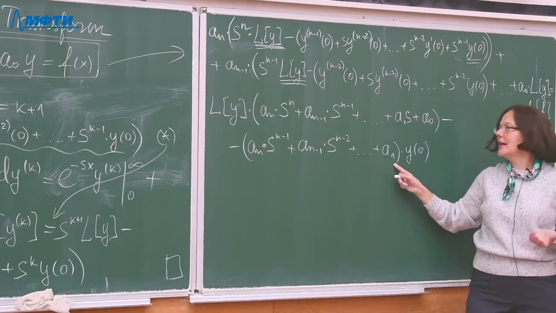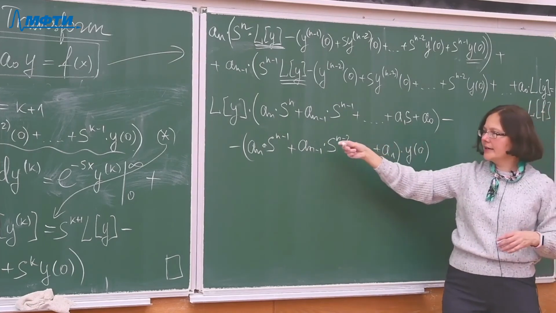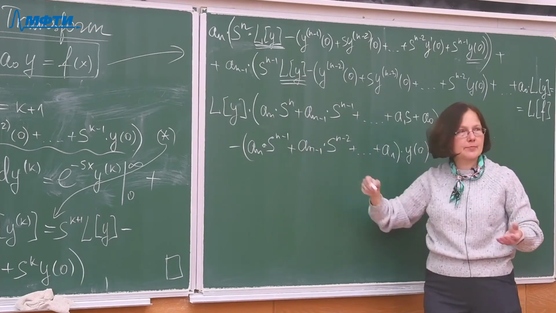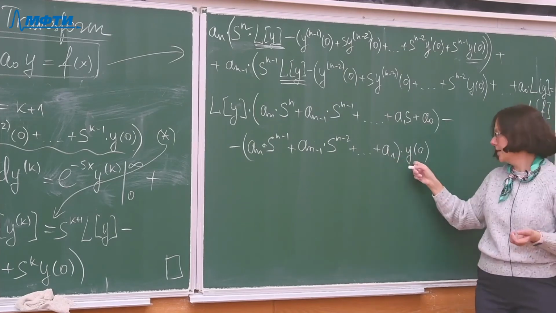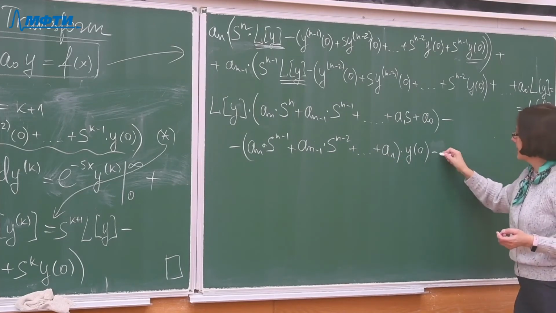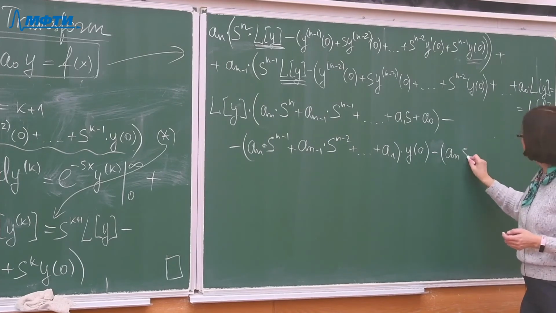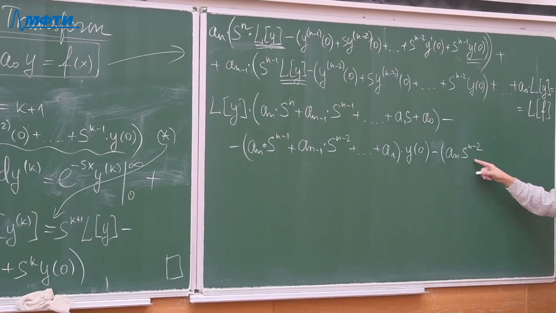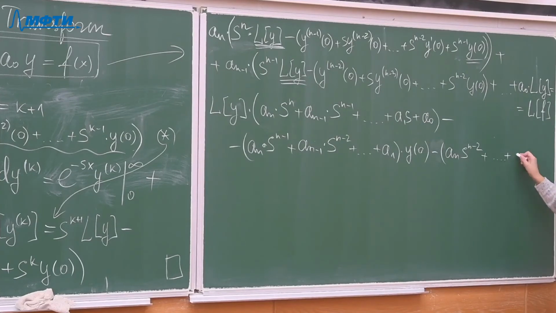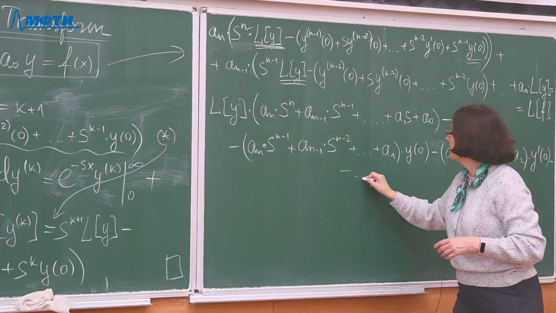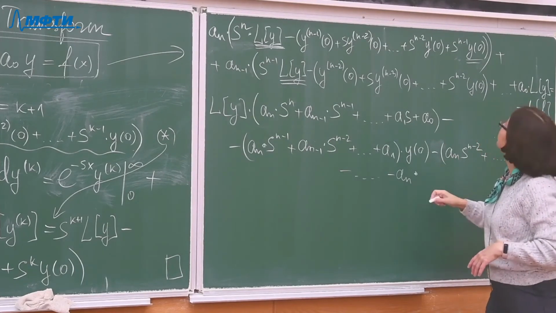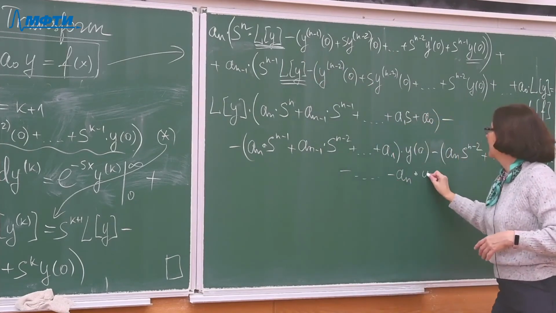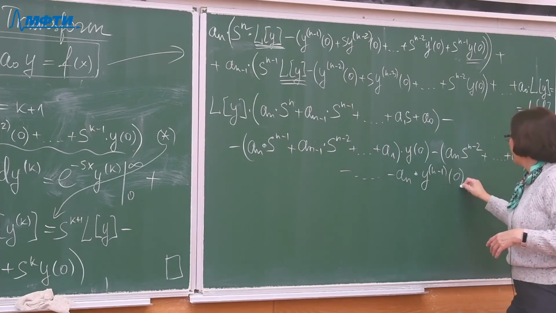This polynomial can be obtained from the preceding one by decreasing the power of s by 1 and removing the last term, and we will get this times y(0). Proceeding in a similar way, we will end with a_2 times y'(0) minus, and the last would be a_n times y^{(n-1)}(0), equals L of f.